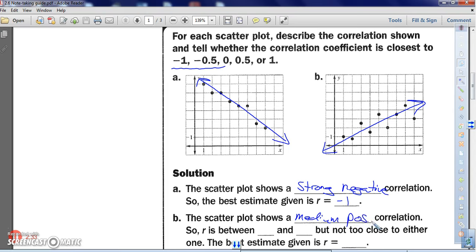Since it goes uphill, it's positive. And so R in this case would be between 0 and 1, but not too close to either one of those. So I'm going to estimate approximately 0.5 for the value of R this time. So that's how the correlation coefficient works.